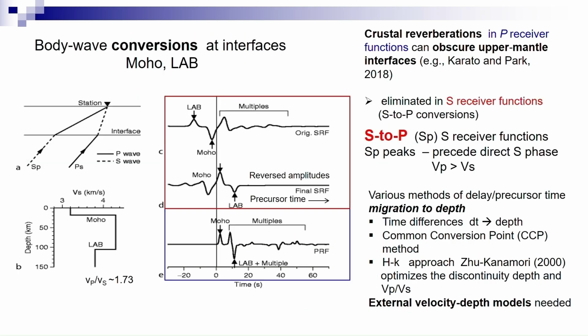Crustal reverberations in PS receiver functions can obscure the signal from the upper mantle interfaces. This is eliminated in SP receiver functions, in which the SP peak precedes the S waves. There are various methods of migration of the delay precursors' times to depth. However, external velocity depth models are needed in any case.